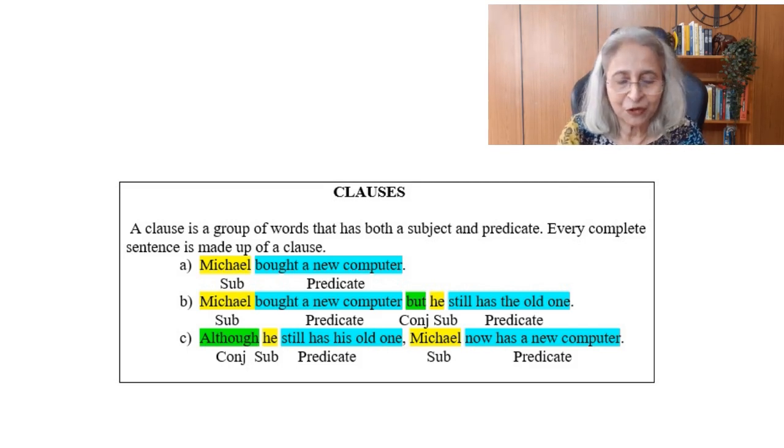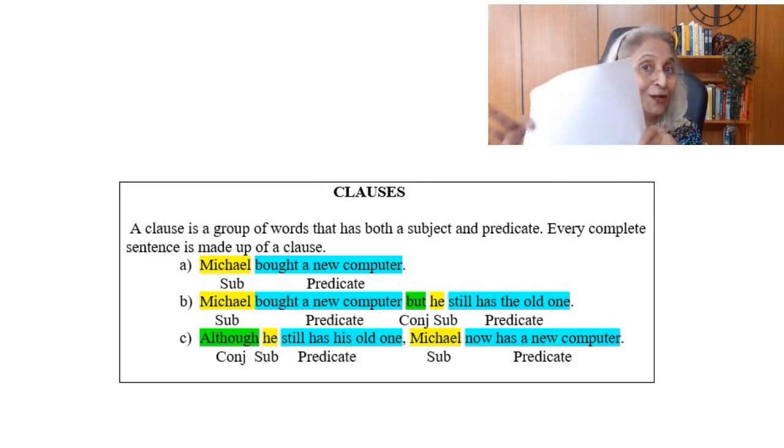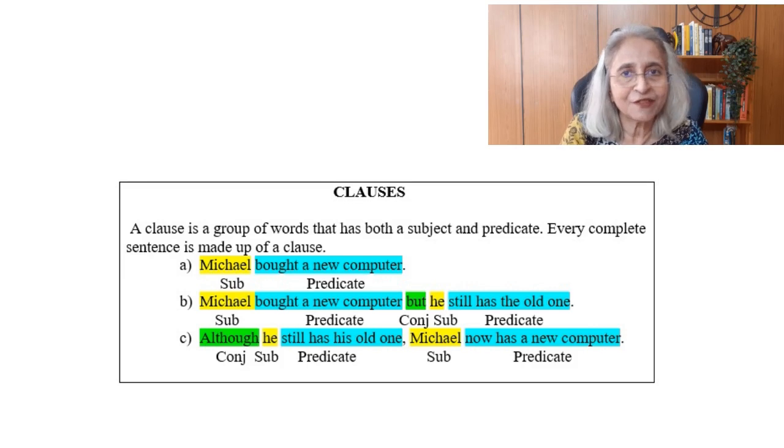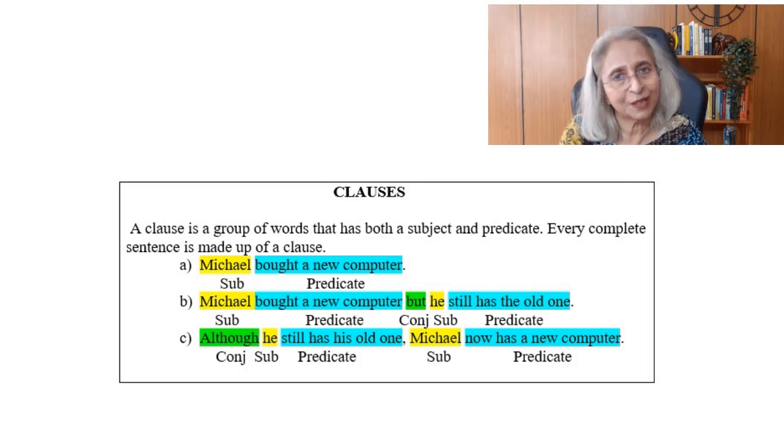Okay, so let's take a look at a number of sentences. The first one I have here is, Michael bought a new computer. You just have one subject here, Michael, and the predicate being bought a new computer.